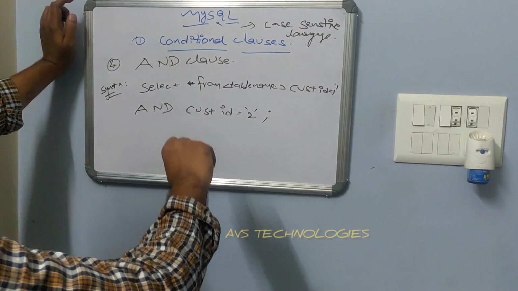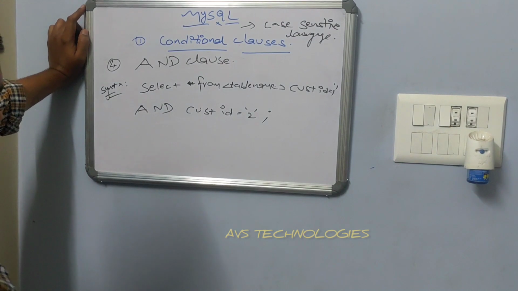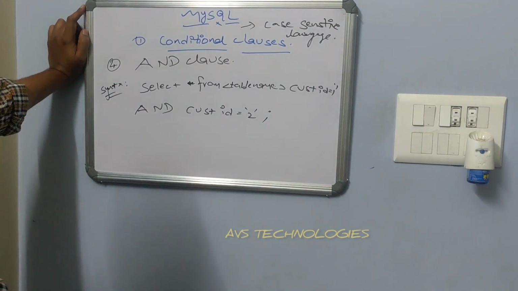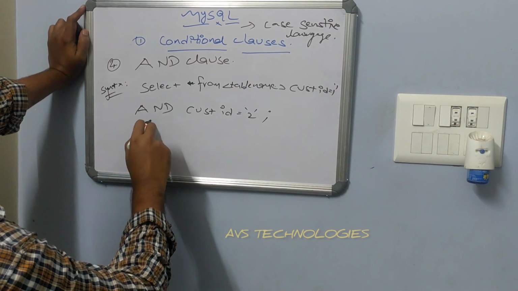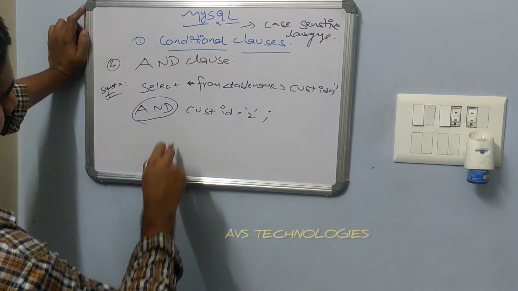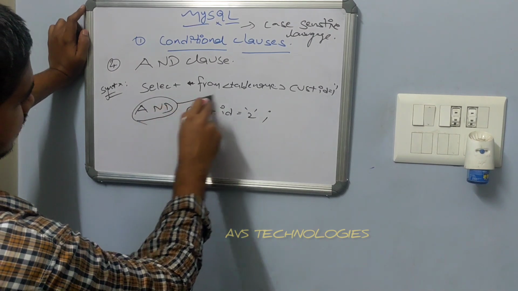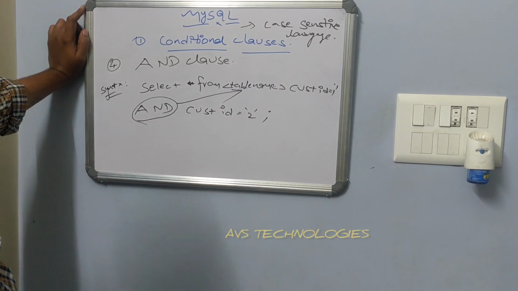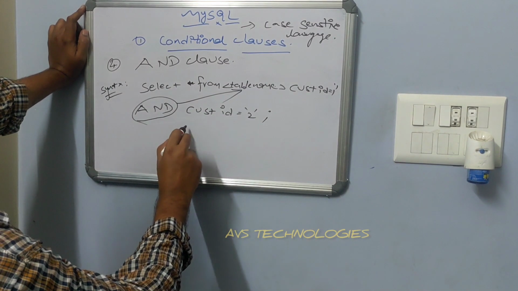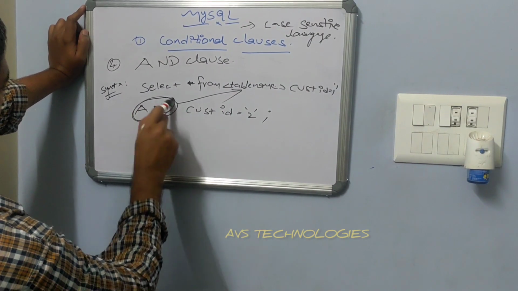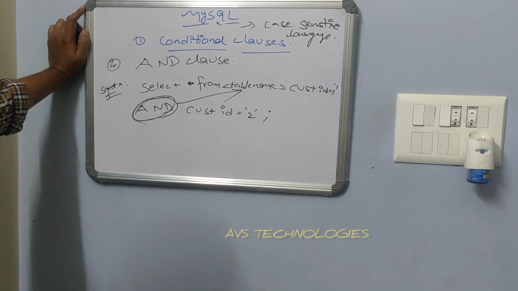The and clause performs a comparison operation in this table of customers, and it will return the values for whatever comparison we have taken here. This is the and clause.